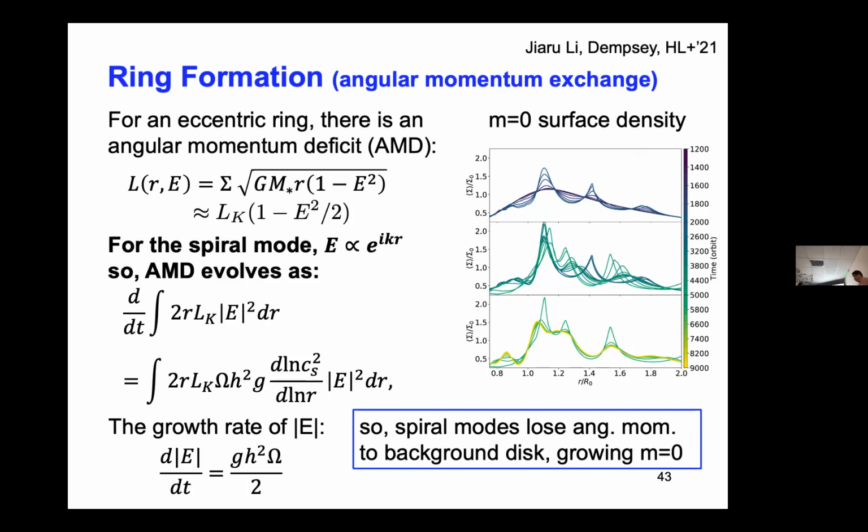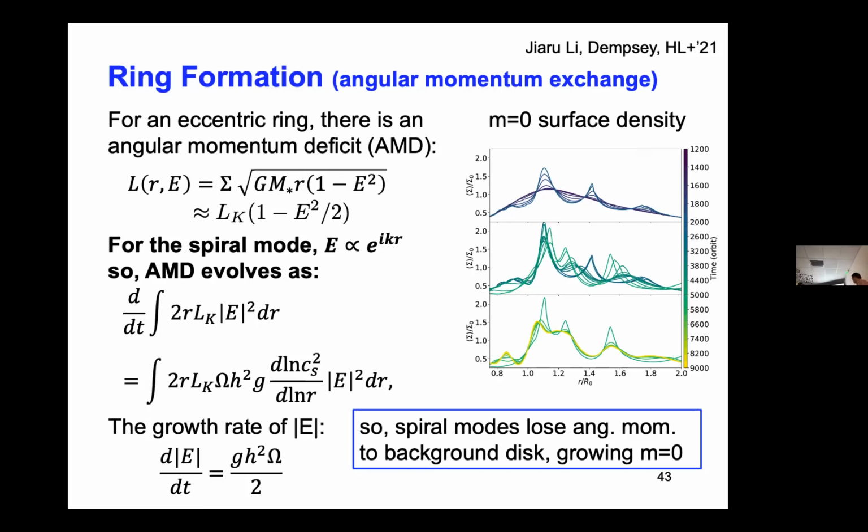So as you grow the eccentric modes, you can calculate the angular momentum deficit, integrate, find the time derivative, and you actually see this growth effect. And because eccentricity grows at this kind of growth rate, this is the G. So as the eccentric modes continue to grow, this energy gets smaller, and this angular momentum gets smaller and smaller.